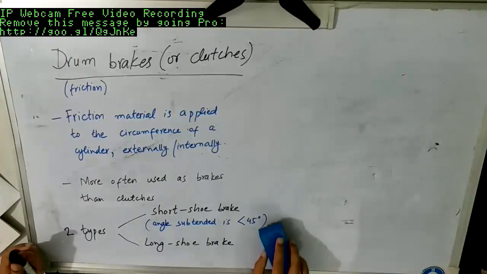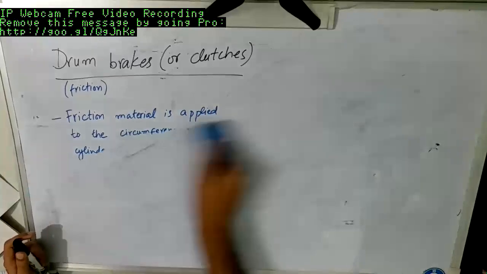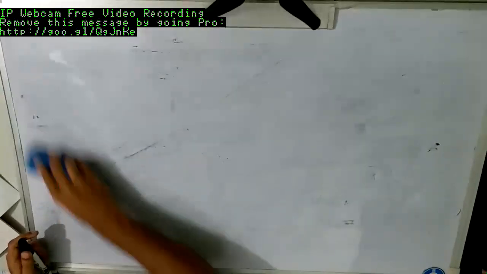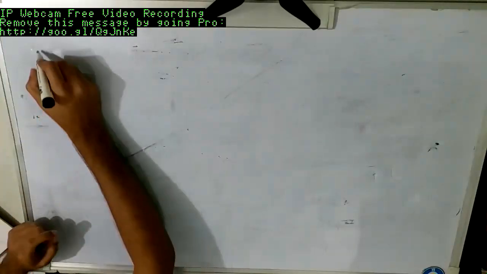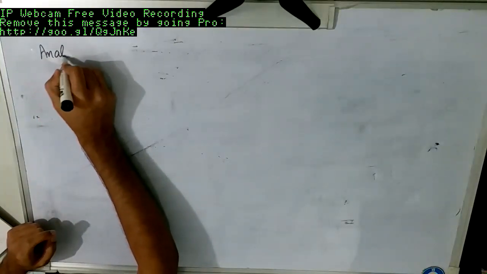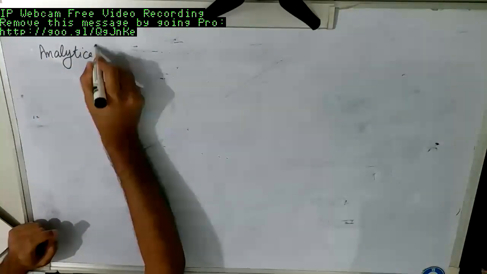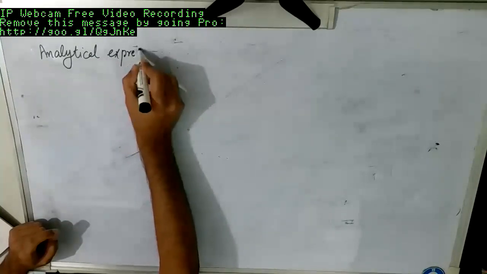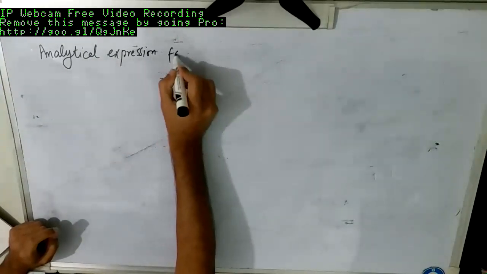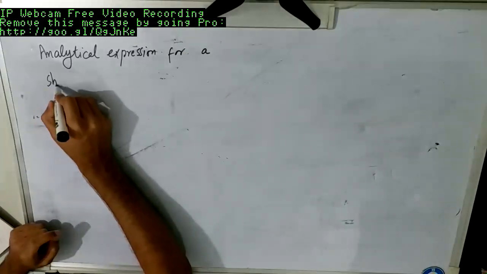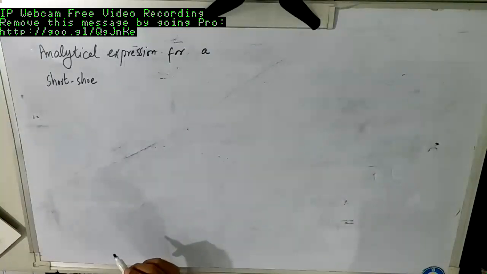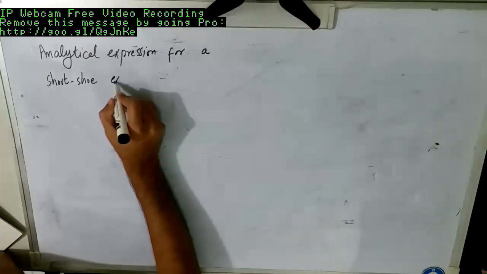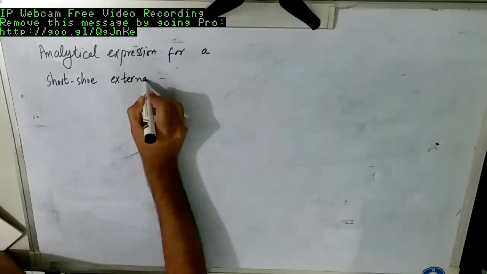So let me start here. The name of the topic is analytical expression for a short shoe external drum brake.